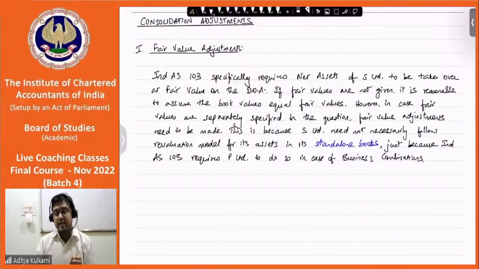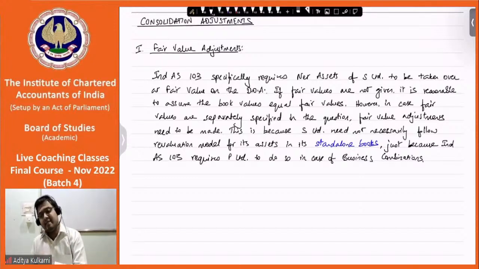Ind AS 103 discusses accounting from whose perspective? From the perspective of the acquirer. So we are discussing from the perspective of the parent. Parent should do the fair valuation, not of its own assets, but of the subsidiary's.